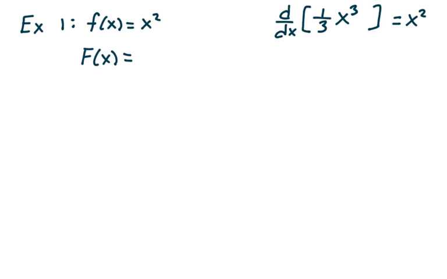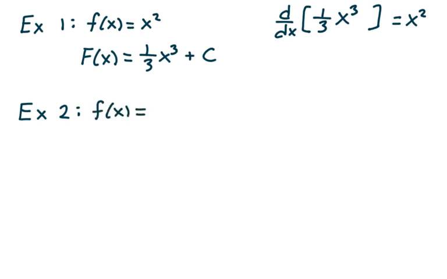And so the most general antiderivative of x squared will be 1/3 x cubed. And to capture everything, we add a constant at the end because the derivative of a constant is 0. Okay? So we're looking for a family of functions whose derivative is x squared.